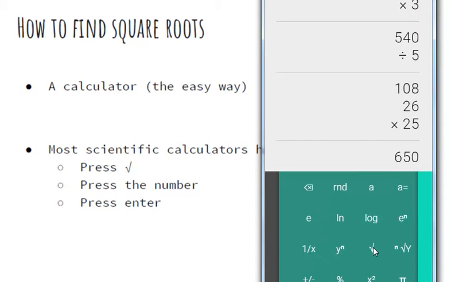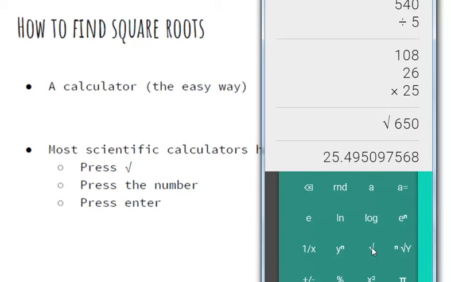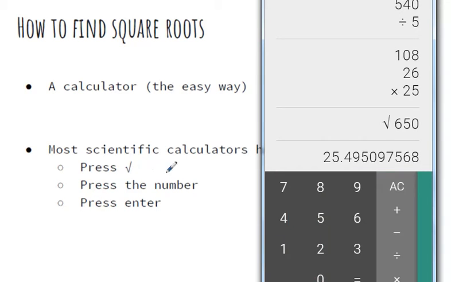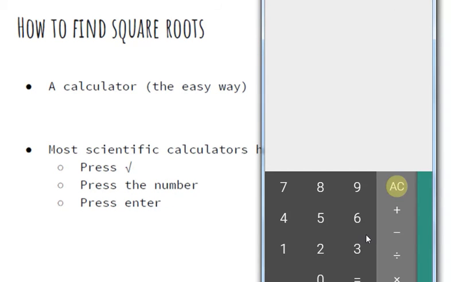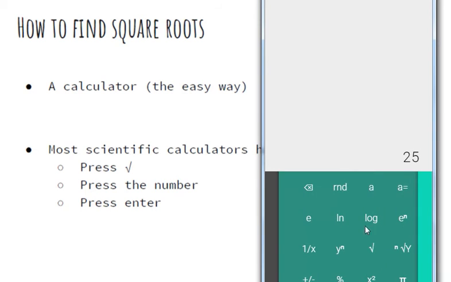On the TI-84s, you press the square root button first, then the number, then enter. Here on my computer calculator, if I press the number first and then hit my square root button, it automatically gives me the answer.